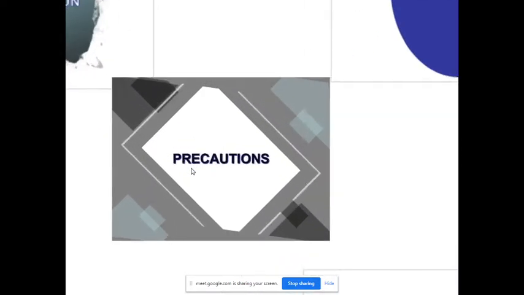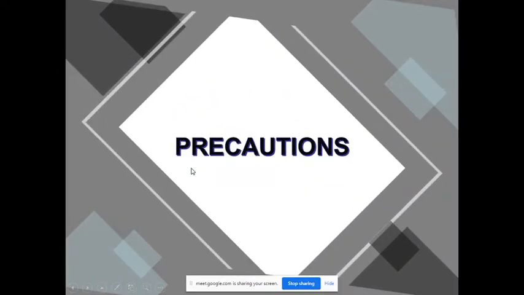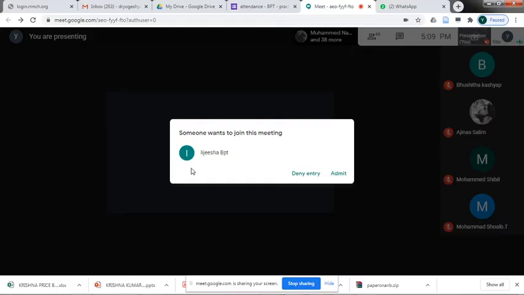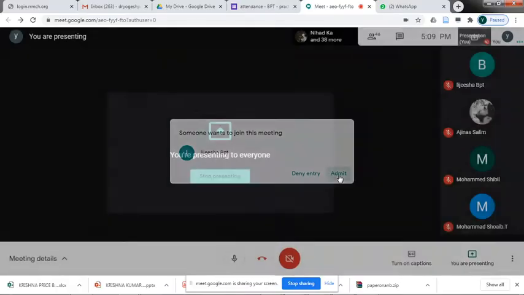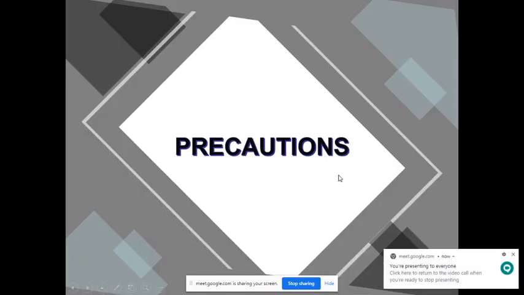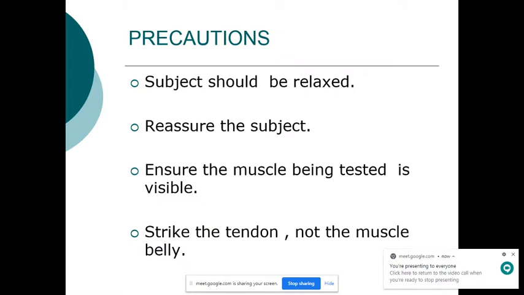Before examining any reflexes, we have to take certain precautions. So let's see what the precautions are. First, the subject should be very relaxed.